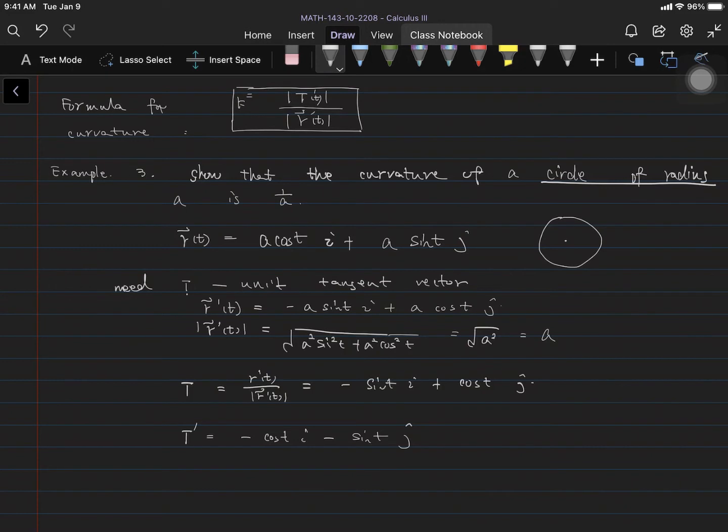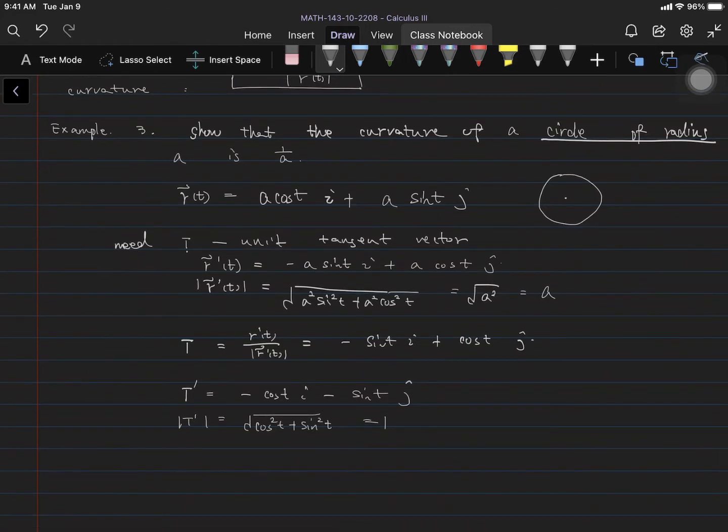Next we need the length of this vector. The length of T prime, cosine squared t plus sine squared t, is 1. And the length of r prime we already got from here, which is a. So kappa equals the length of T prime over the length of r prime, which is 1 over a.